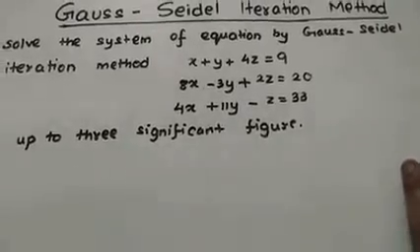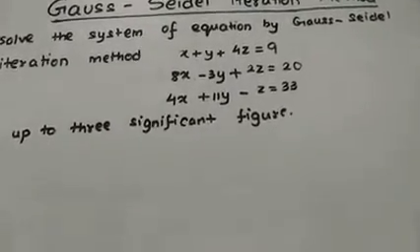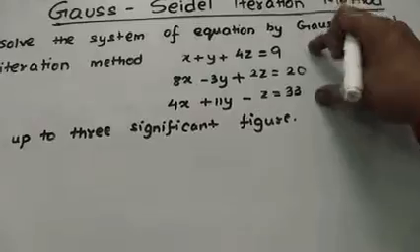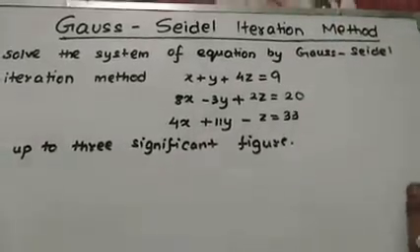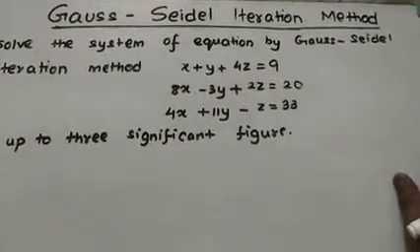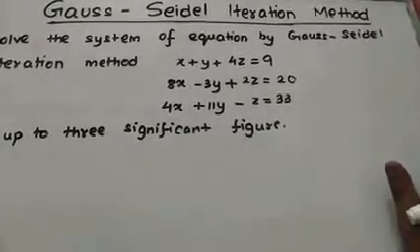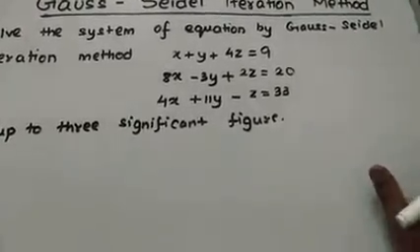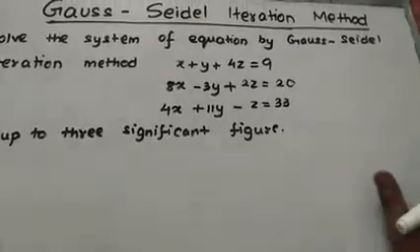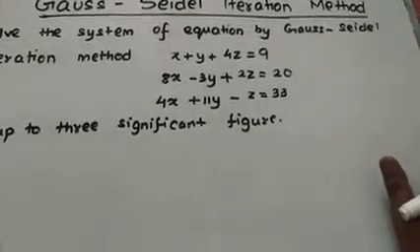Correct up to 3 significant figures. If you remember, I solved the same question for the Gauss-Jacobi method, where we proceeded up to 8 iterations, and here you will find that we get our answer in the 3rd iteration step only.